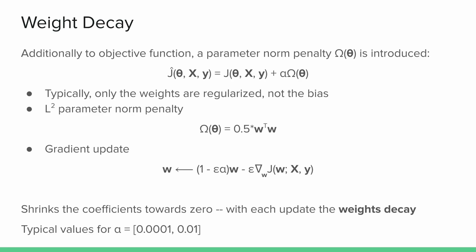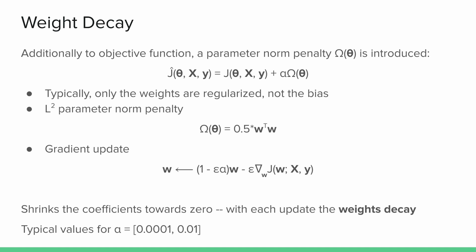Weight decay is also a very popular regularization mechanism, and it's adding an additional objective function by adding a parameter norm penalty. Instead of just computing the gradient descent, we also add a penalty term for how big the weights in our neural network are.